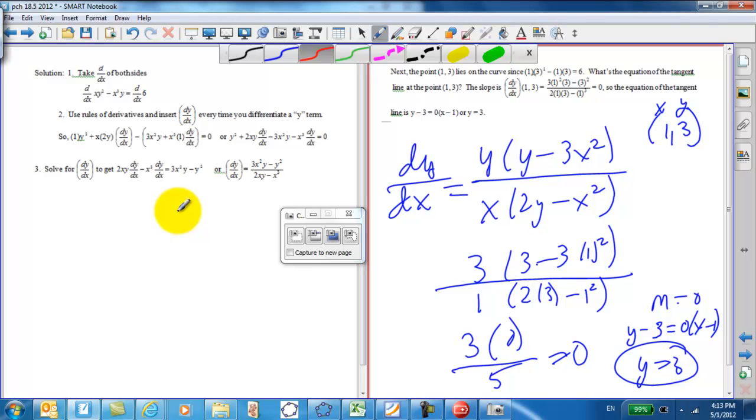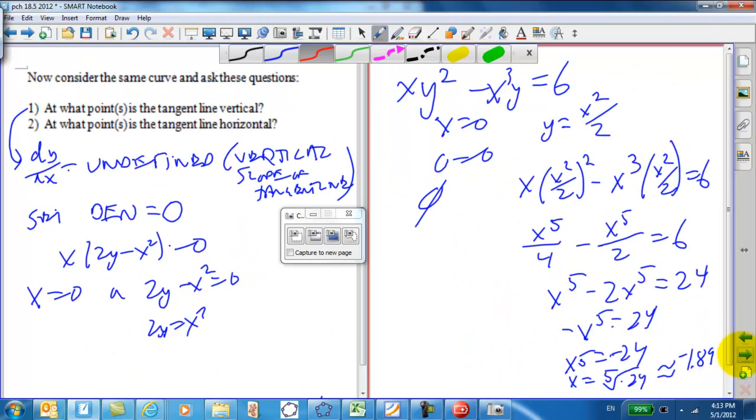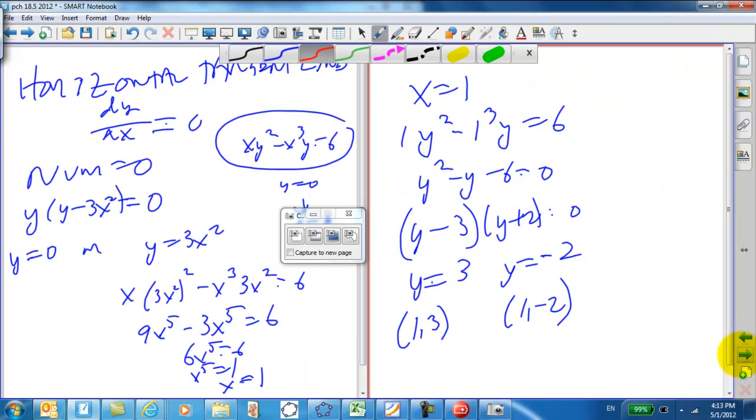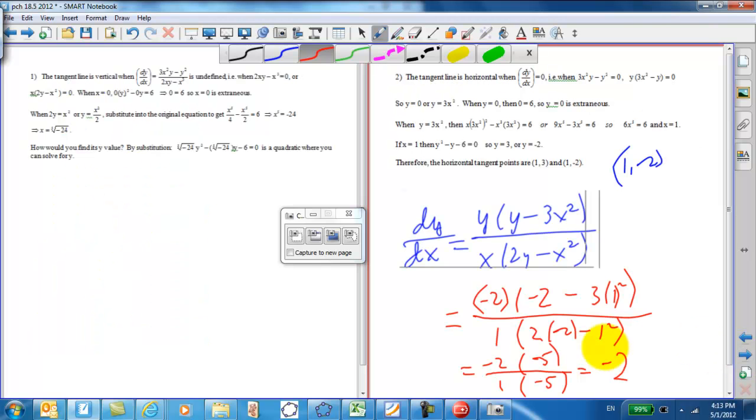This is saying y times 3x squared minus y, and x times 2y minus x squared. Yeah, I'm missing a negative sign on this one. Sorry, it didn't show up on here because it worked out to be 0. So yeah, this is fine. At 1, negative 2, we do end up with a slope of 2.